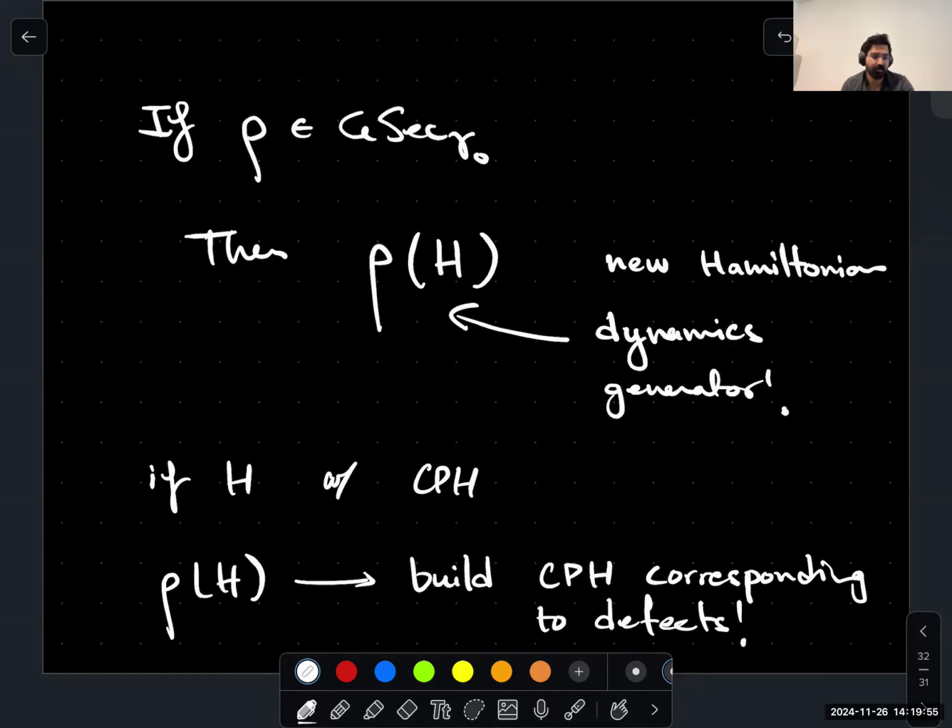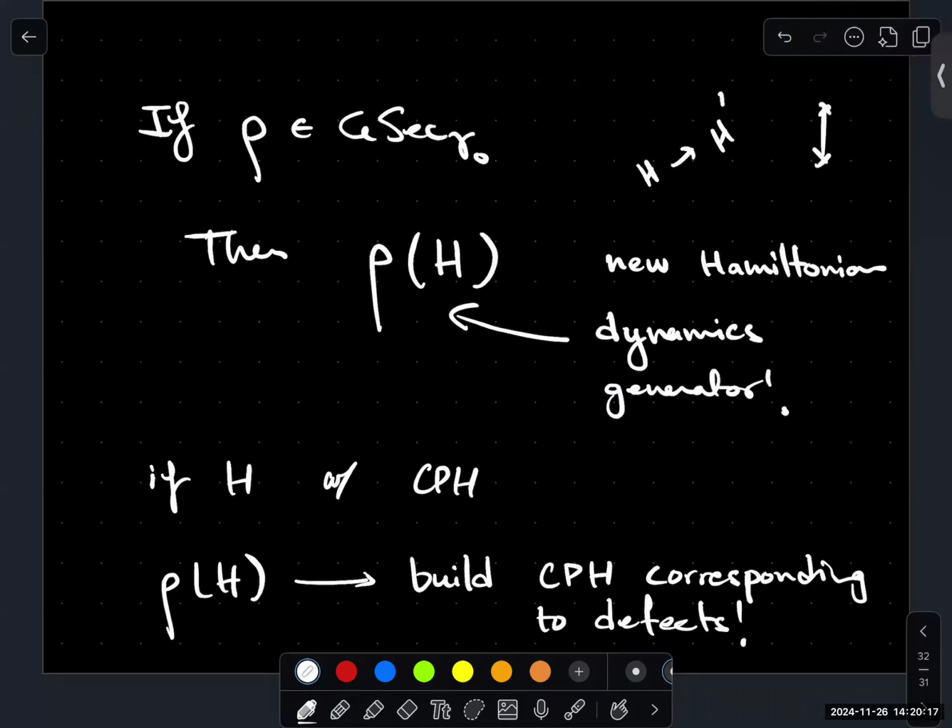So let's say you go from H to H prime in a local way. You have some local operator that you're conjugating H with.